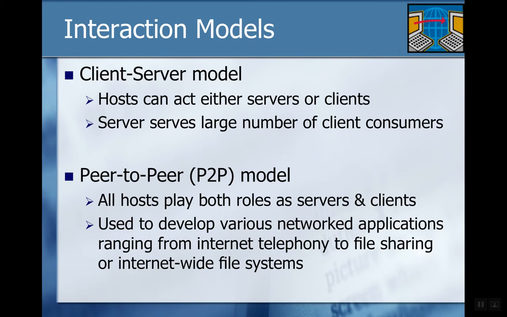So if you think about a PC and a web server, that's a client server model. A phone and a web server is a client server model. It's been around about maybe 30 years now, something along those lines. But it is the way the internet operates. The internet is a client server model.